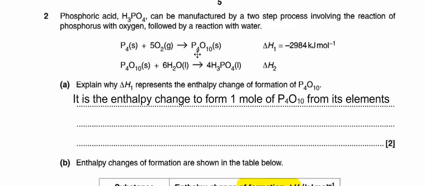So what you can do to work out what this overall equation is, cancel out these 2 P4O10s, and then your overall equation is simply what's left on this side. P4 plus 5O2 plus 6H2O is going to give me my phosphoric acid. So the trick here is just to cancel these 2 out and then write it as a full equation.